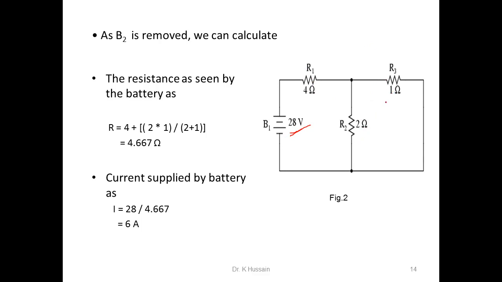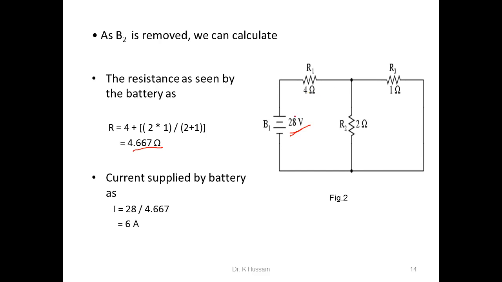The equivalent of these two is 2 into 1 by 2 plus 1. This is in series with the 4, so 4 plus 2 into 1 by 2 plus 1 is the resistance of this circuit.